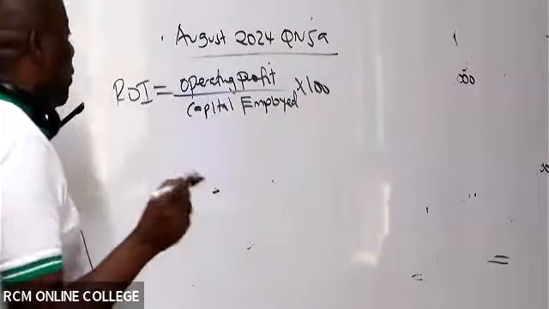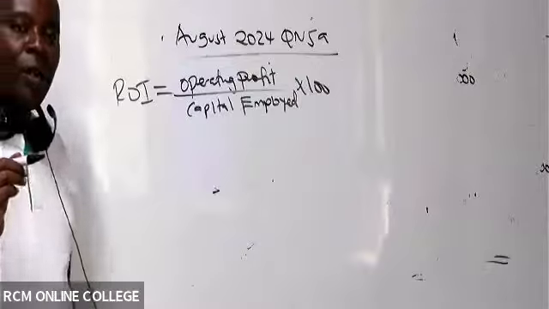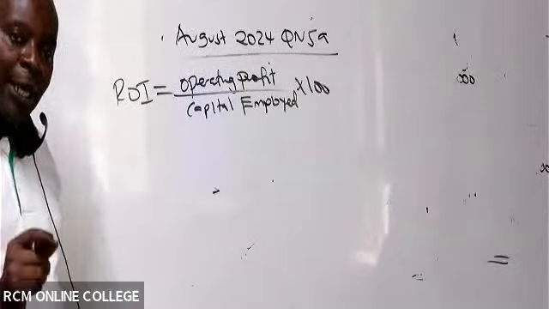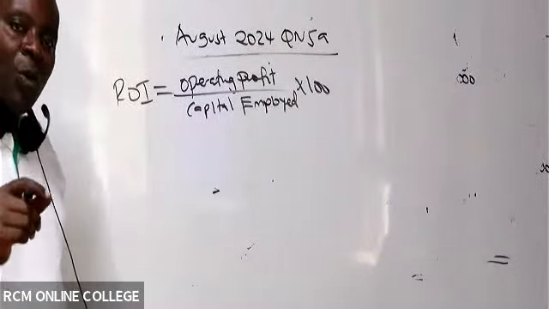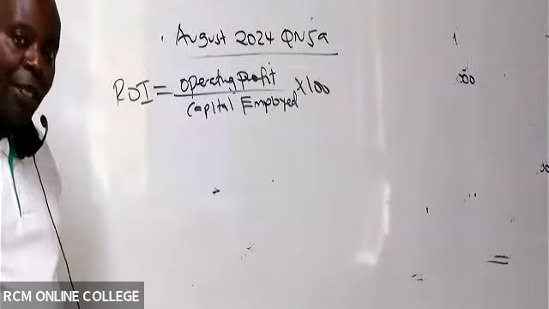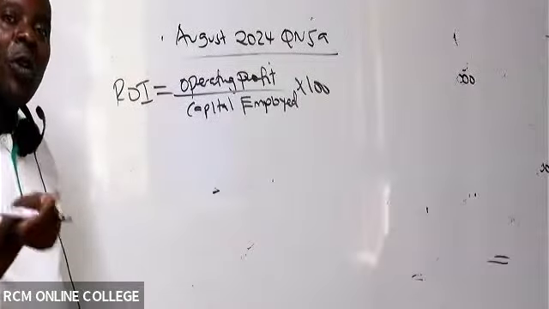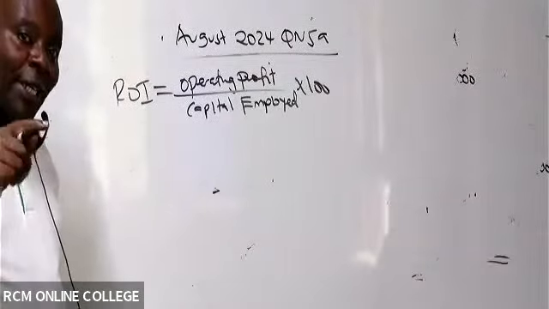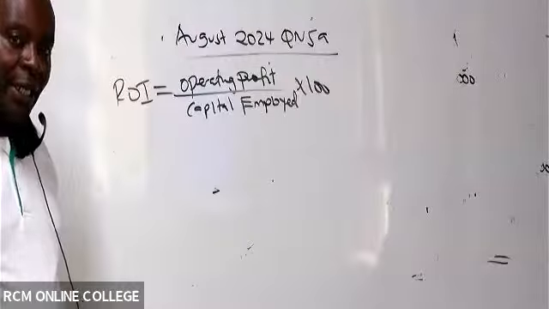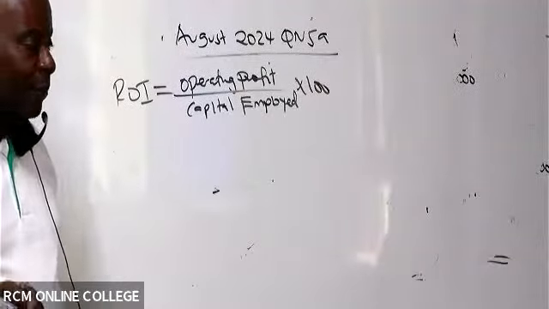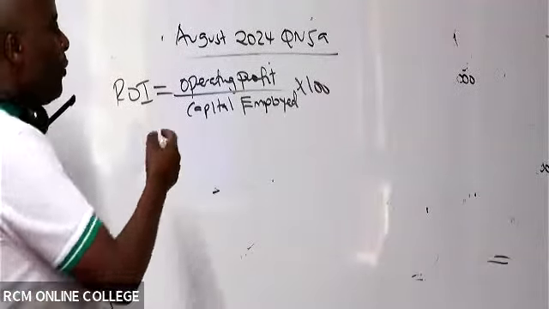Remember, we have 2 types of ROI. We have the operating ROI, where you use operating profit, and we have the net ROI, where you use PAT, profit after tax.